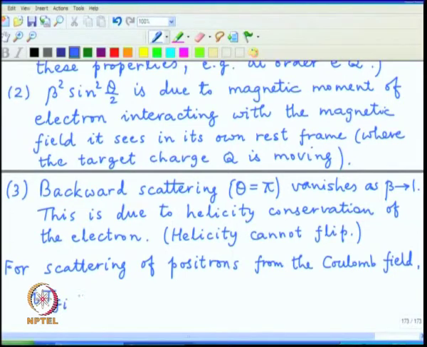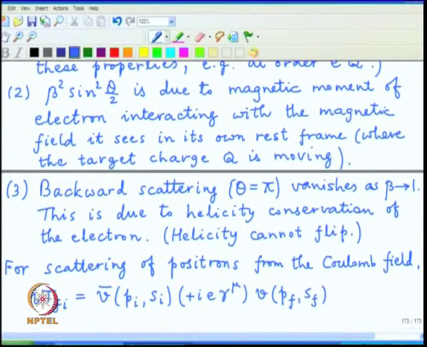So, I will write down only that particular part, where now, instead of u and v bar, v appears. Instead of minus i e gamma mu we have plus i e gamma mu, for the change or flip of the charge, and then it is v of p_f s_f combined with gamma mu, with whatever photon momentum we had.